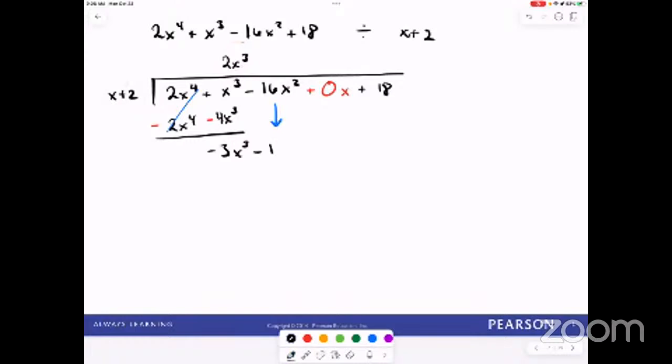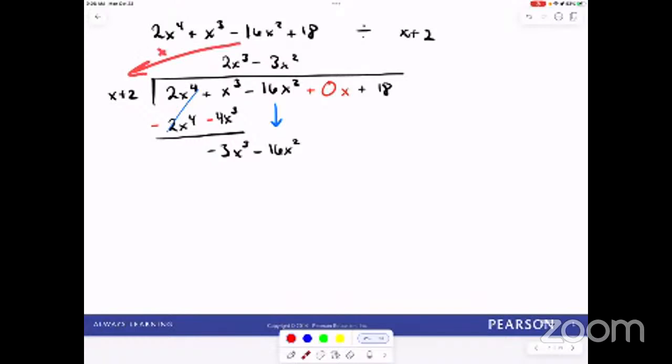Okay. So now we're back to saying the first divided by the first. So -3x cubed divided by x is going to give us a -3x squared. Notice how I'm lining up my like terms. So then on the diagonal, when we go in this direction, we're multiplying.